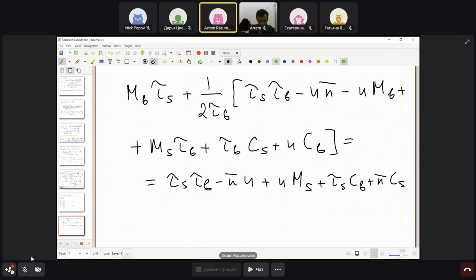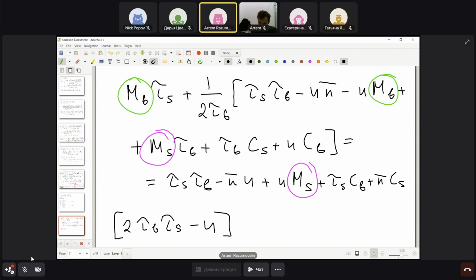So then we have once again buyers here and here only, and sellers here and here only. Well, let me multiply everything by 2 tau buyers. And we will continue working on just this equation. So what we have, 2 tau buyers, tau sellers, and then will be minus u.